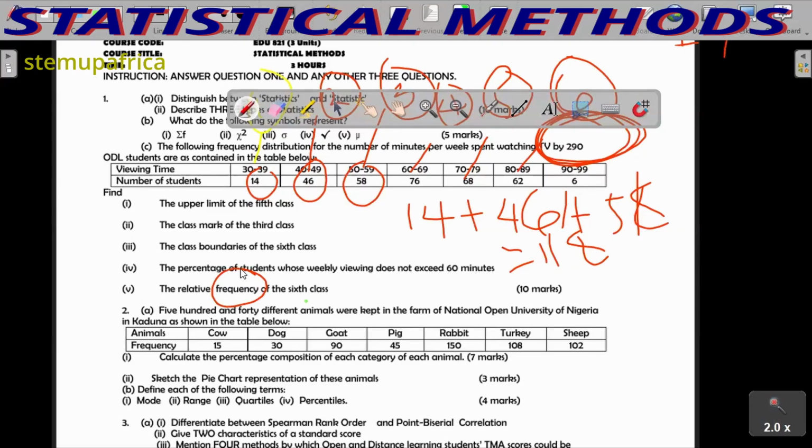So of the sixth class, who is the sixth class? We've done that before. The sixth class is this. What is the frequency of the sixth class? It is 62, and the total frequency is 290. So what will be the relative frequency now?